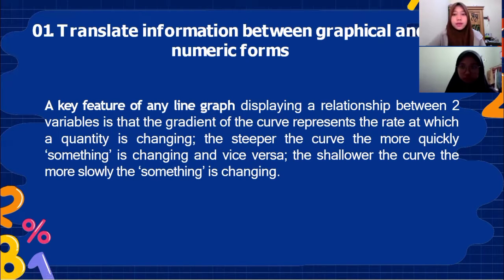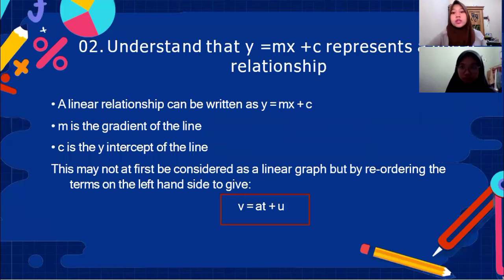So that was the first topic. For the second topic, we should understand that y equal to mx plus c represents a linear relationship, where m is the gradient of the line and c is the y-intercept of the line.